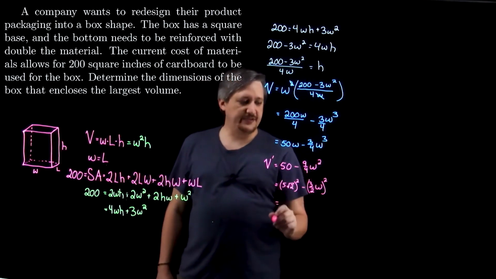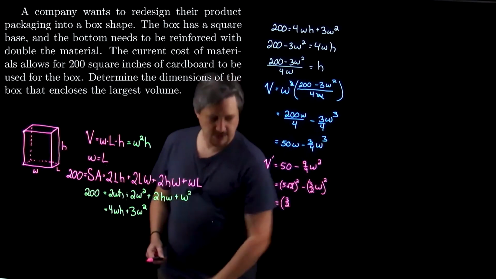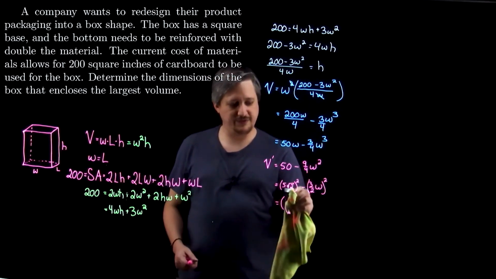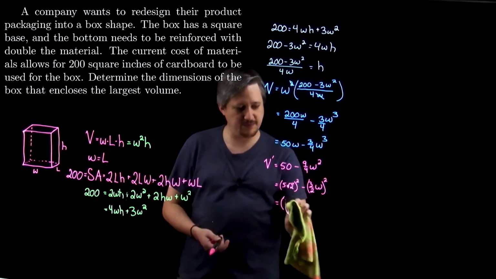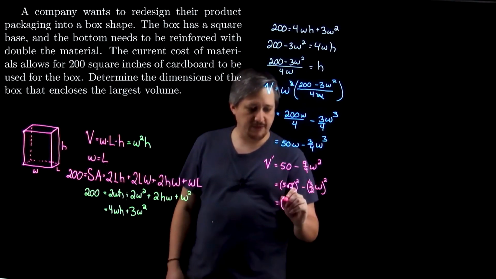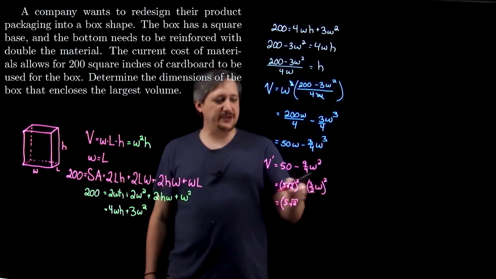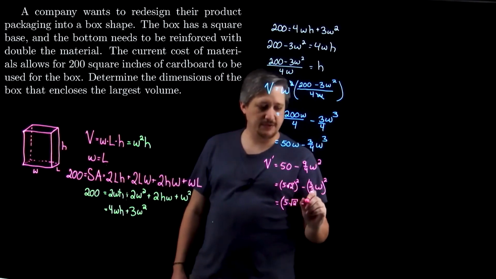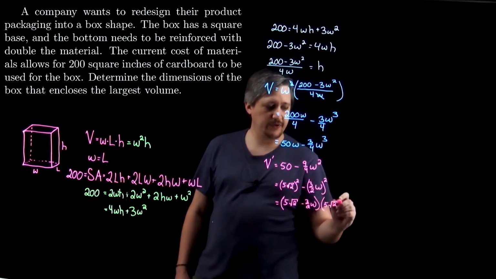And I do that because this gives me a squared minus b squared, so I get a minus b times a plus b.